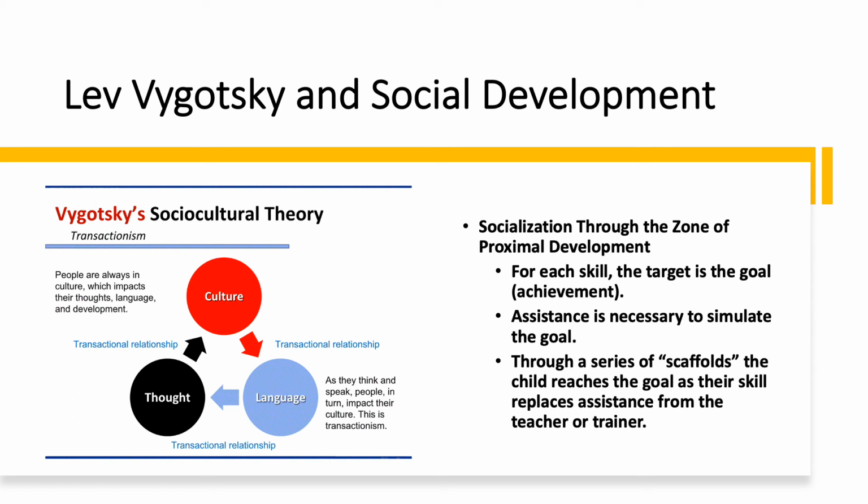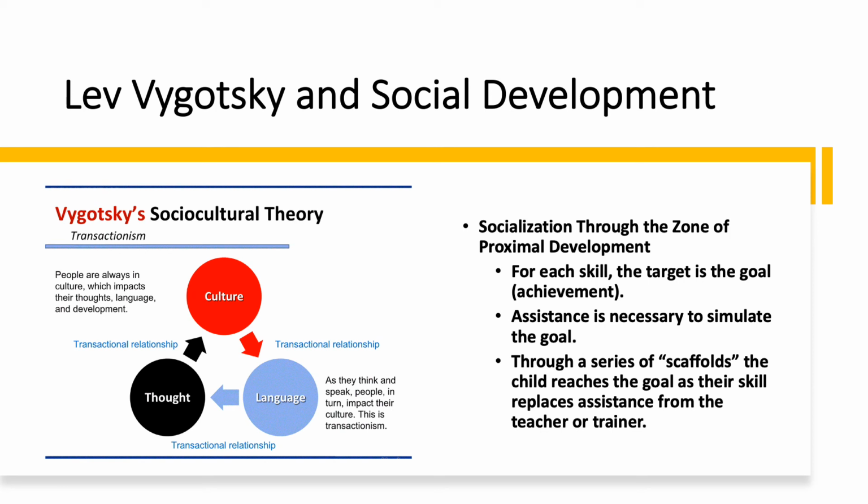Vygotsky looked at the interaction between the child and the caregiver, and how the caregiver puts effort into the task for the child to help them complete the task, and then over time how the child acquires their ability from the caregiver by being aided in completing the task.